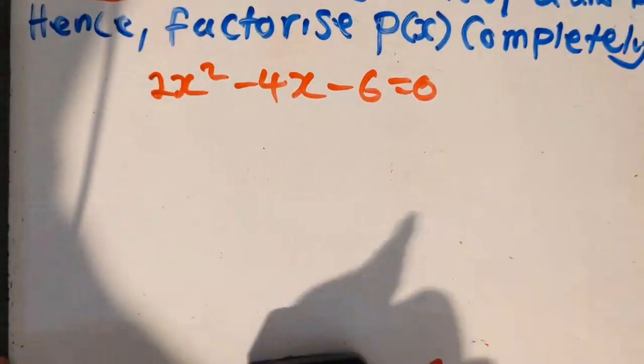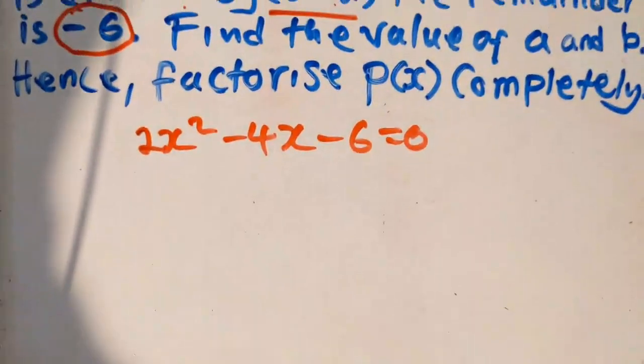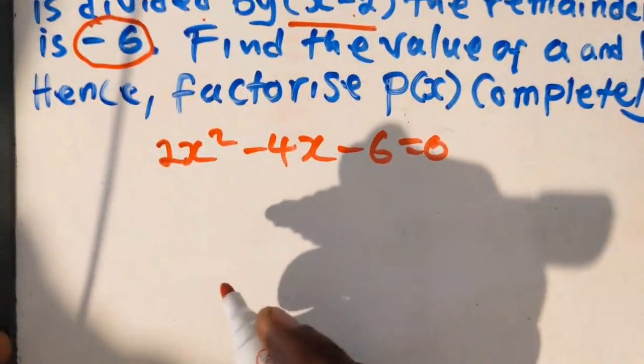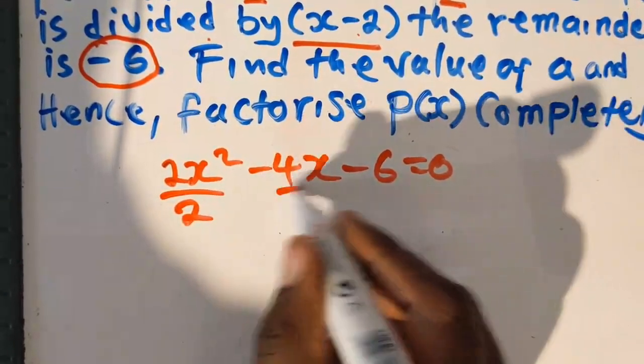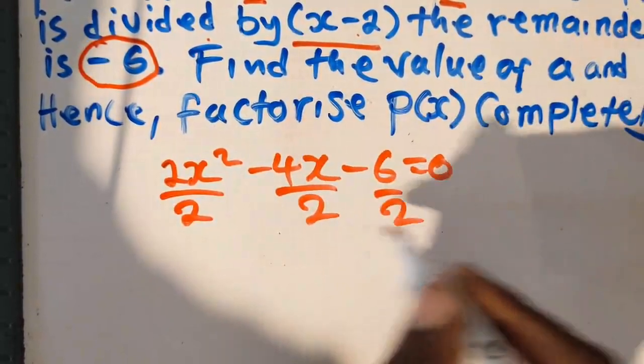We are trying to find the factors. With completing the square, as we said in the previous videos, we divide both sides by 2.